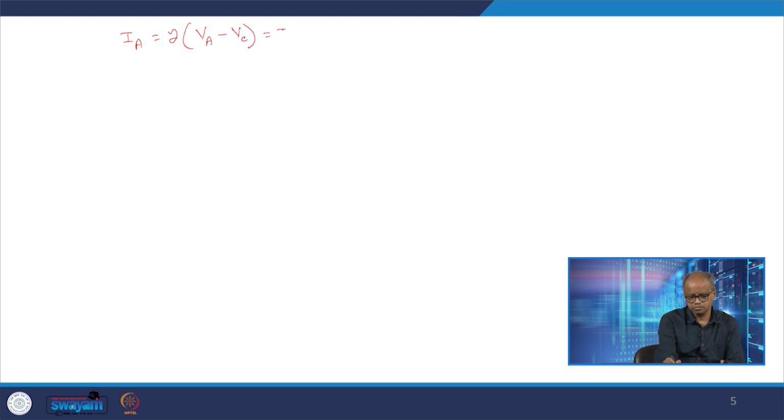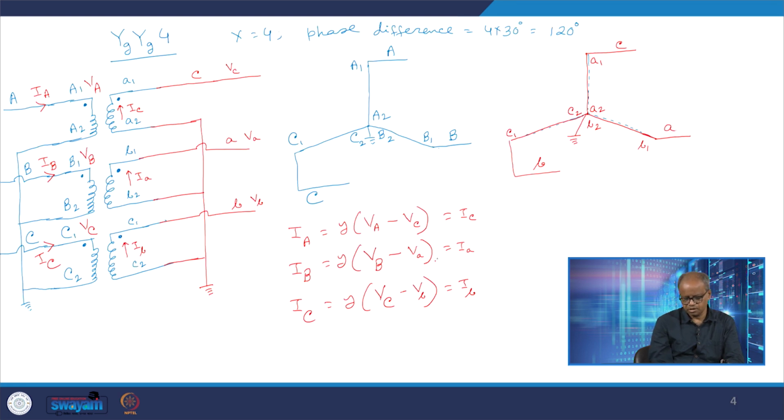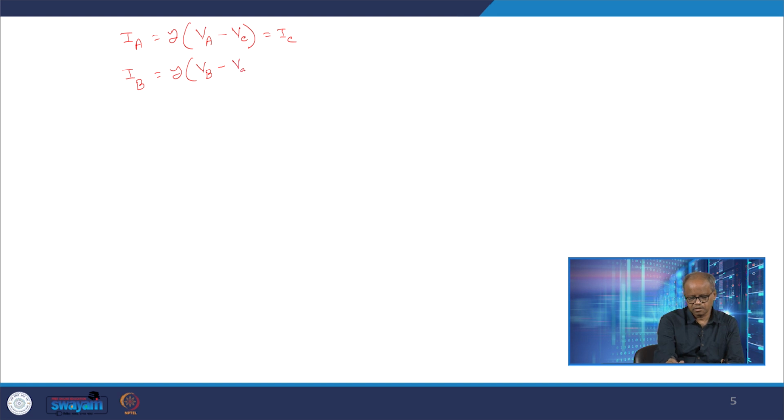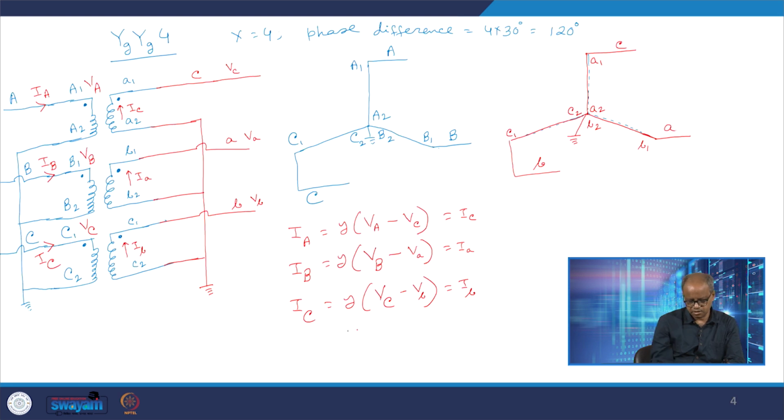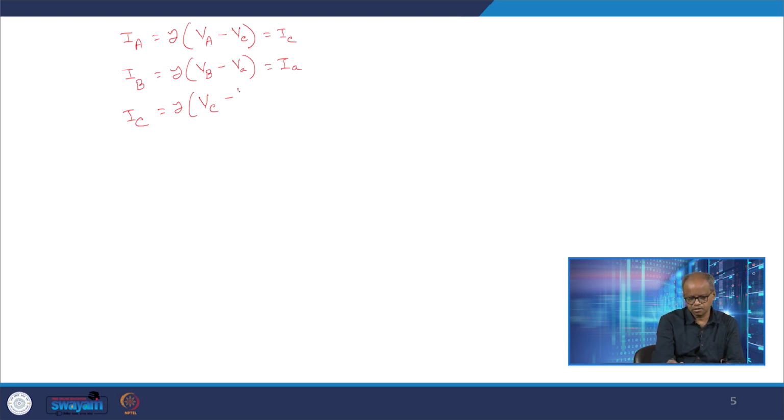So, that is equal to I small c, and I capital B is equal to y into VB minus VA, that would be IA, and I capital C would be y into V capital C minus VB. So, that would be IB. Right. So, then therefore, from this I can write down.